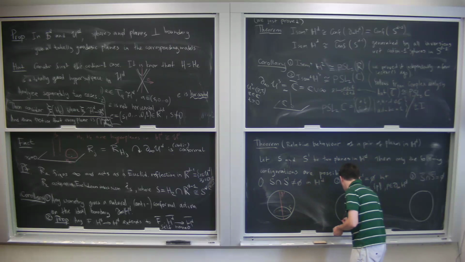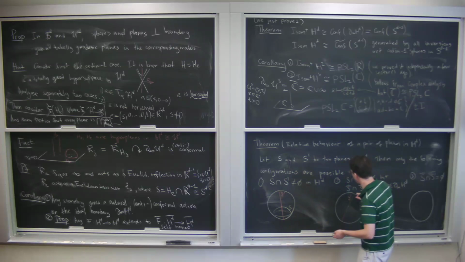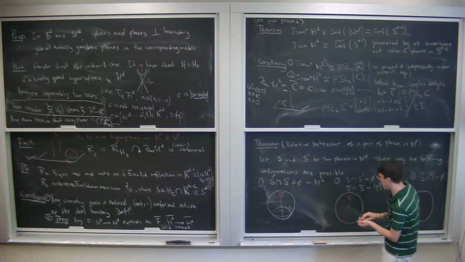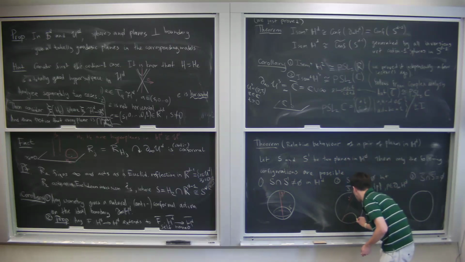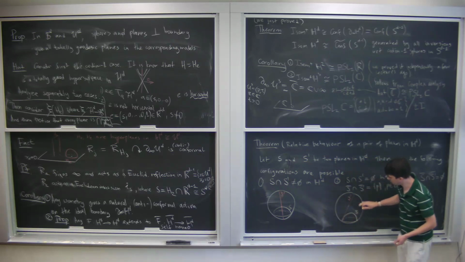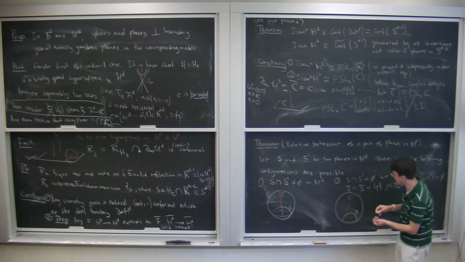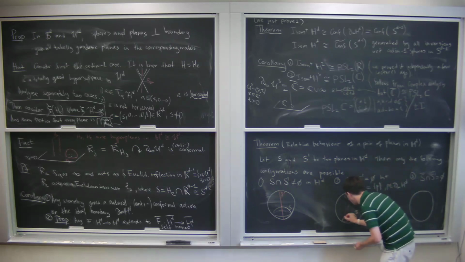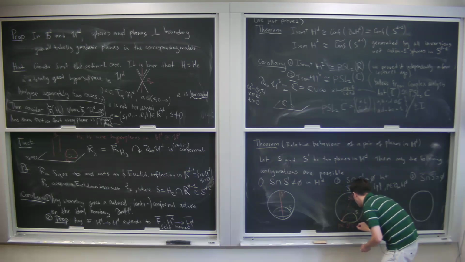Another picture is that they can touch each other. So I have a plane S prime, which is also a geodesic plane, and again I have a sphere, such that the sphere and plane are tangent to each other at the boundary point from the S2, which is the ideal boundary of H3.